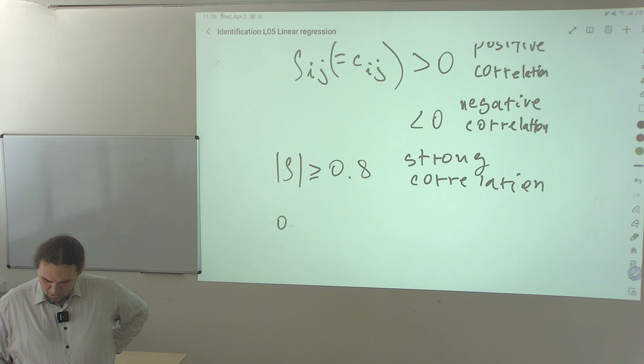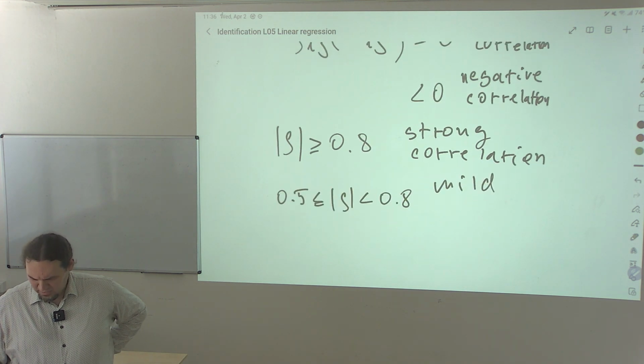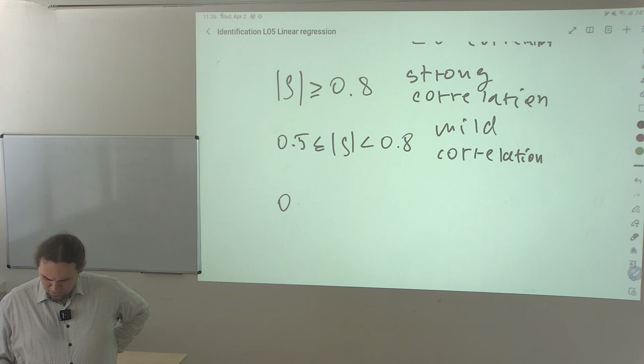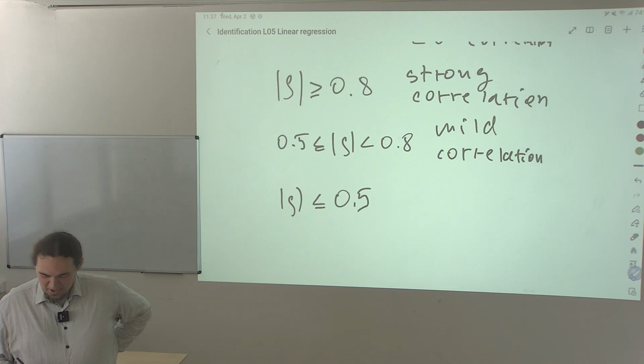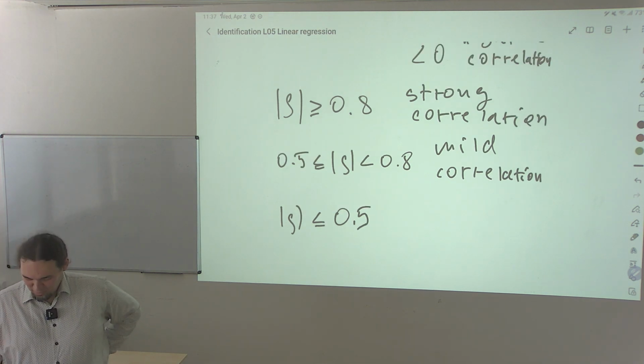If these are between 0.5 and 0.8, maybe you can suspect some correlation, a mild correlation. Below 0.5, depends on the quality of your data, but I wouldn't be putting much attention on it.